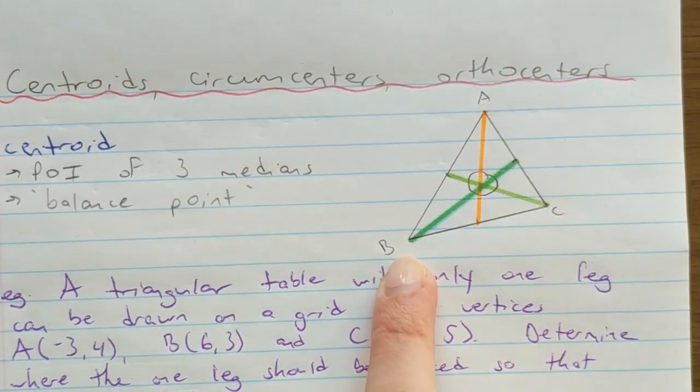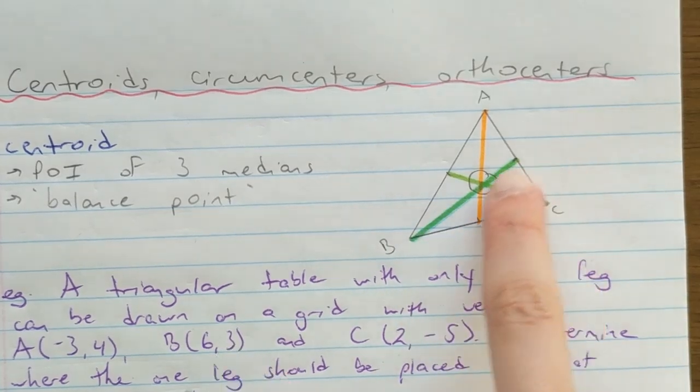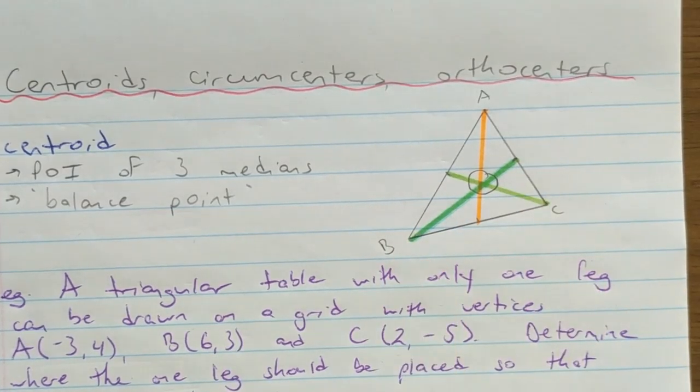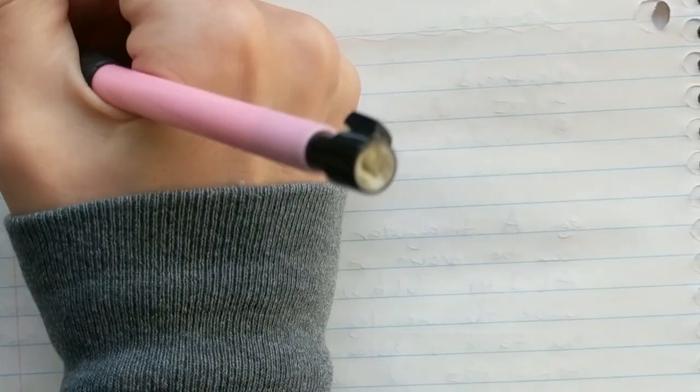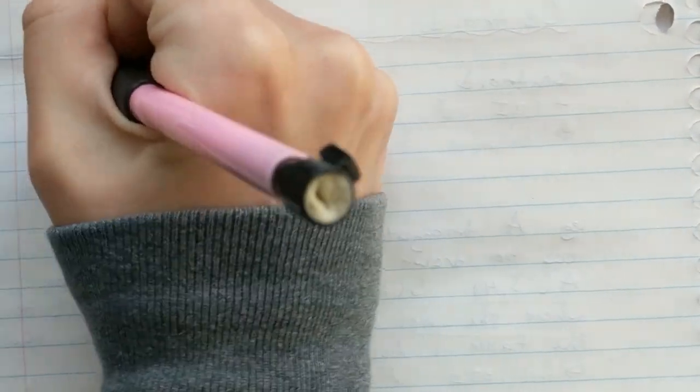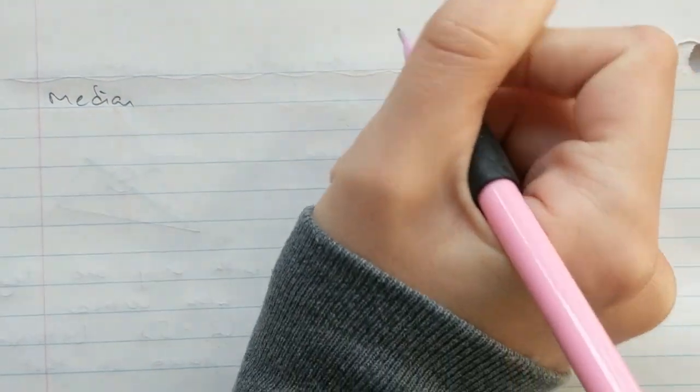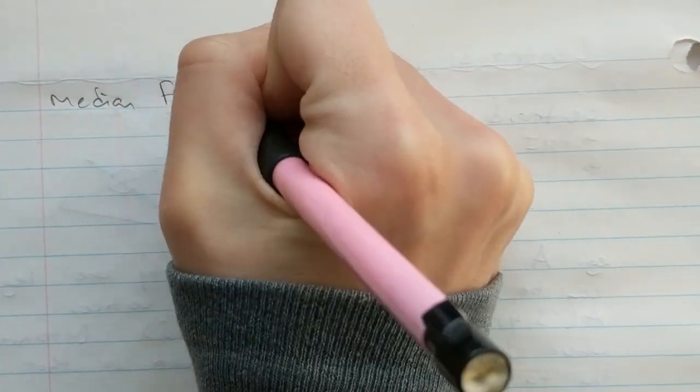Now let's do the exact same thing for this dark green median coming from B. So the median from B, I'm just going to label that, add a little title here.